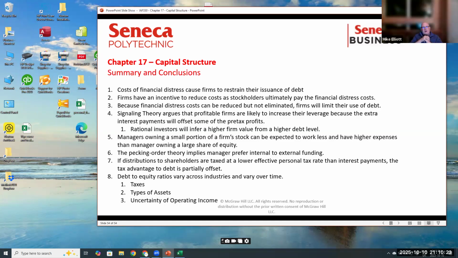Firms have an incentive to reduce costs as stockholders ultimately pay the financial distress costs. It's not the bondholders, it's the stockholders. Because financial distress costs can be reduced but not eliminated, firms will limit their use of debt after a certain level.